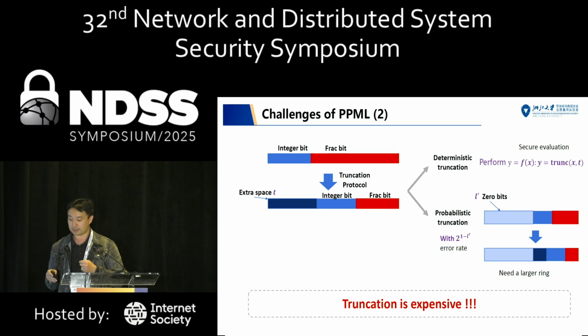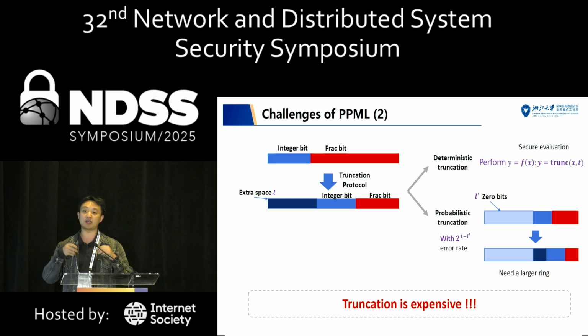Now, you should know that truncation is actually very expensive. There are two ways in the literature to do truncation. One is the deterministic way. Basically, you evaluate the truncation circuit over some two-party computation, for example, over GC or some other way. Very, very expensive. Another way is so-called probabilistic truncation.